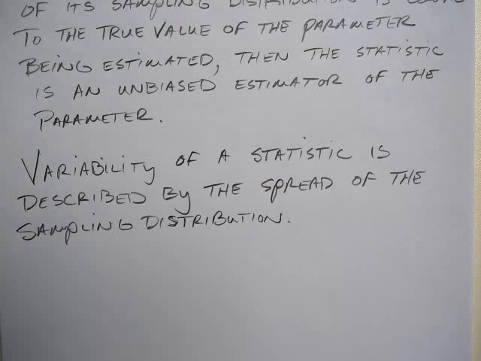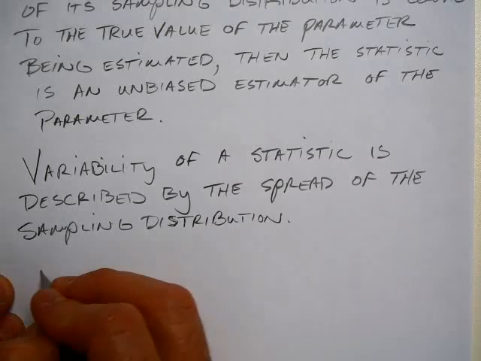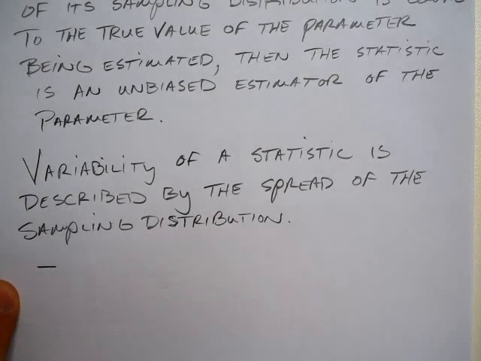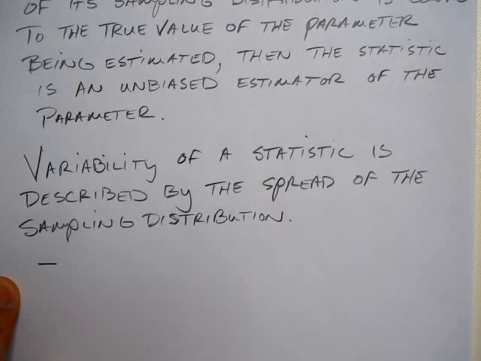So again, sampling distribution is that idea of taking a sample over and over and over again and taking all possible samples of a population. Variability is controlled by sample size, not population size.